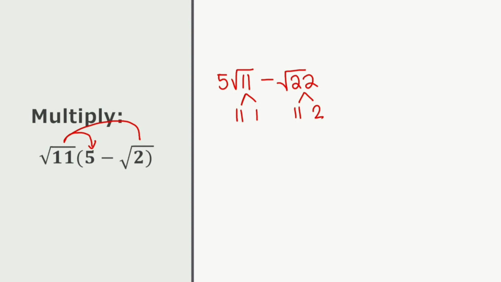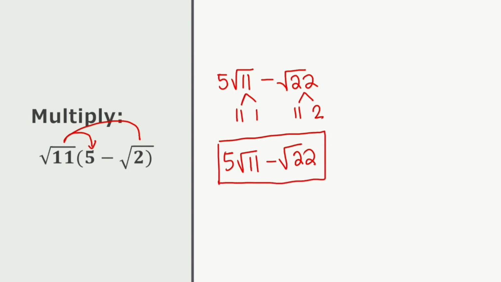Since we cannot simplify them, our answer is 5 square root of 11 minus square root of 22. This is already in its simplest form, and we also cannot combine them since they have different radicands.